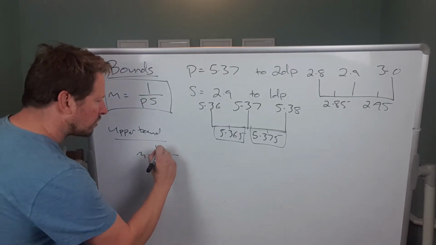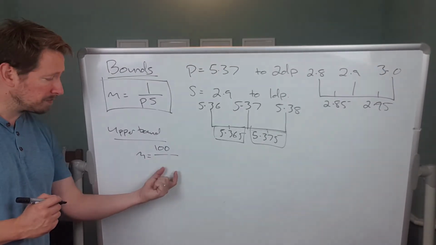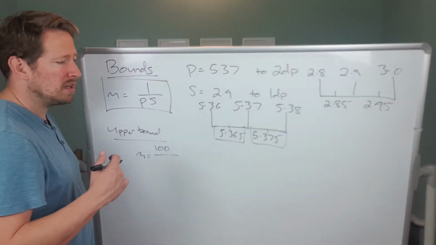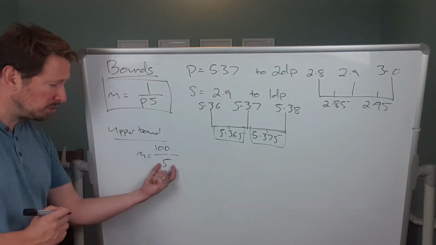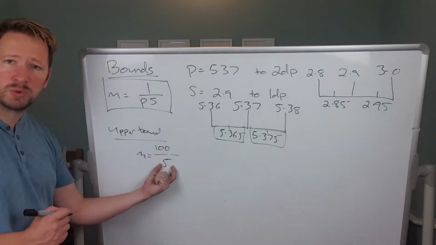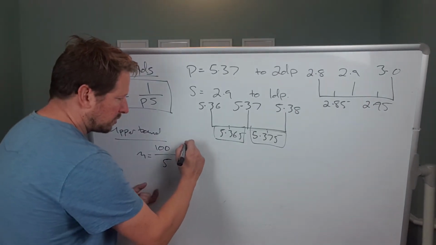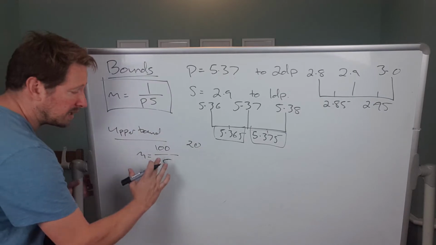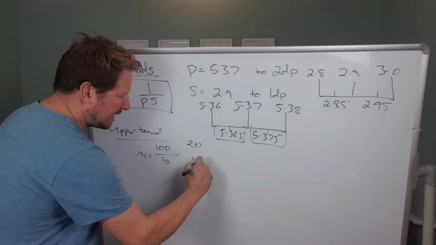We can try it with a different number to show again. If I've got 100, and I've got a choice of what the bottom number will be, I can choose maybe 5 or 10. If I do 5, a smaller number, 100 divided by 5 is 20. Or if I choose the bigger number, 10, 100 divided by 10 is going to be 10.